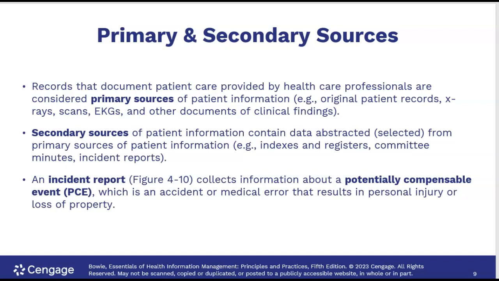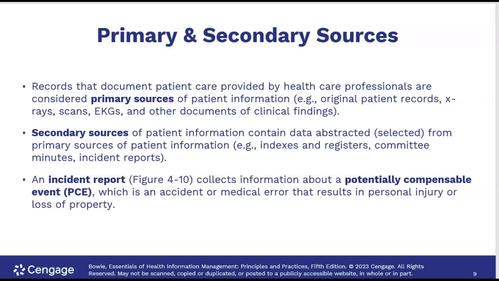This could be lab reports also. Now, your secondary sources, this is very important that you know the difference between the two. Patient information contains data abstracted, selected from primary sources of patient care. This could be any committee minutes. This could be indexes and registers where they take just a little bit out of the primary source.